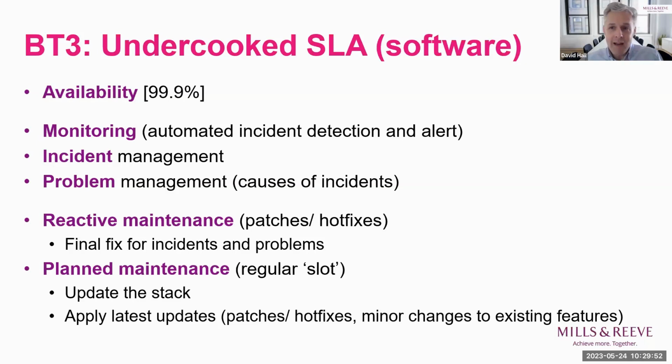What we're looking for in the reactive maintenance are those permanent fixes, and the supplier needs to have an obligation to apply them at regular intervals. The contract should define a maintenance window, which is the regular window, weekly, fortnightly, typically, when those fixes should be applied, supplied for you to install, or applied by the supplier if that's the service that they're providing. And that's the planned maintenance piece.